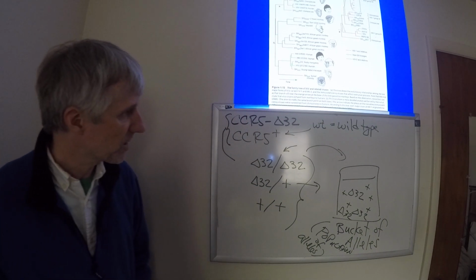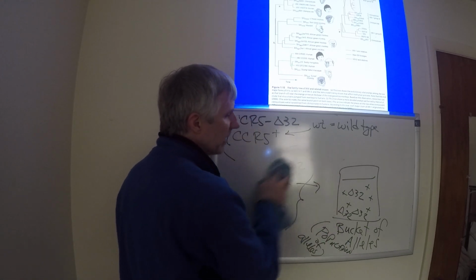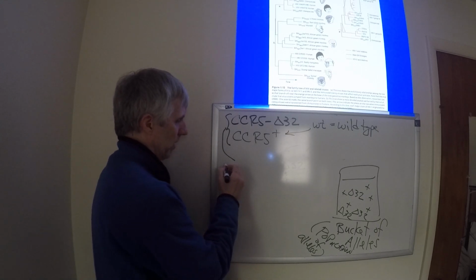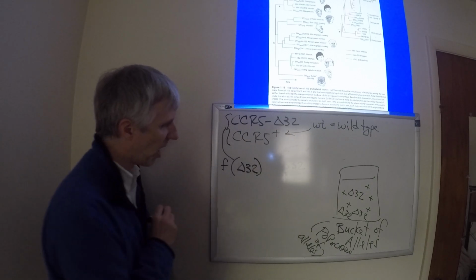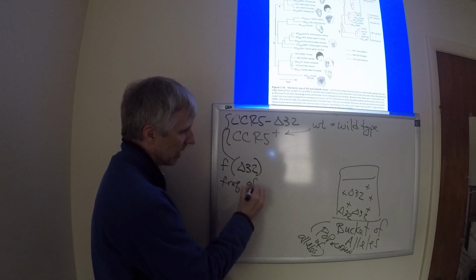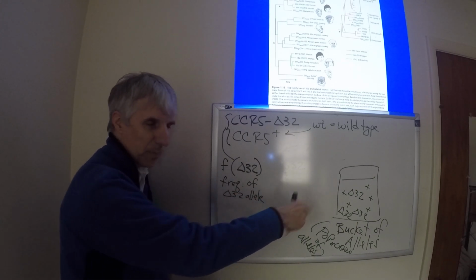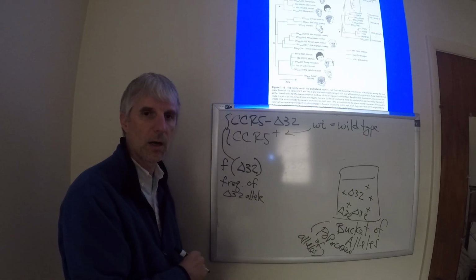And what I'm interested in figuring out is the frequency of each of those two alleles in the population. So my notation here, f of delta 32, is the frequency of the delta 32 allele in that bucket of alleles or in the population at large.